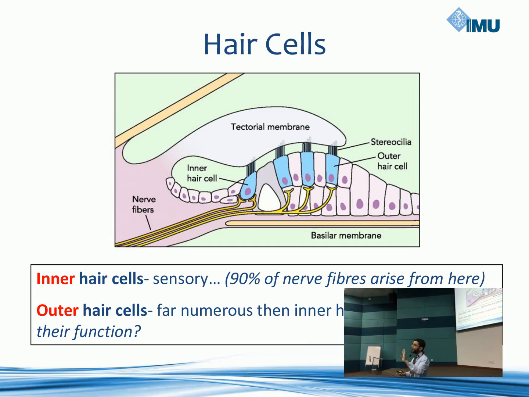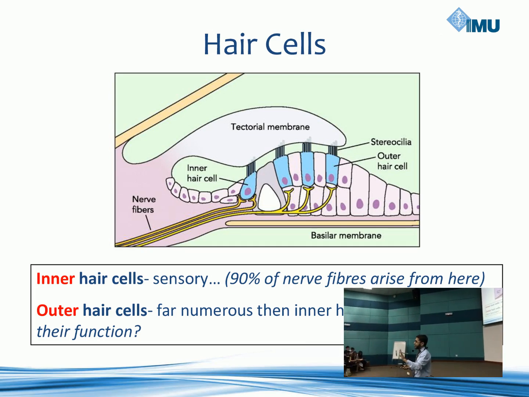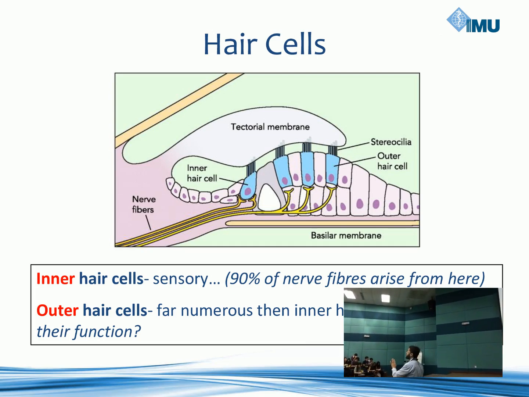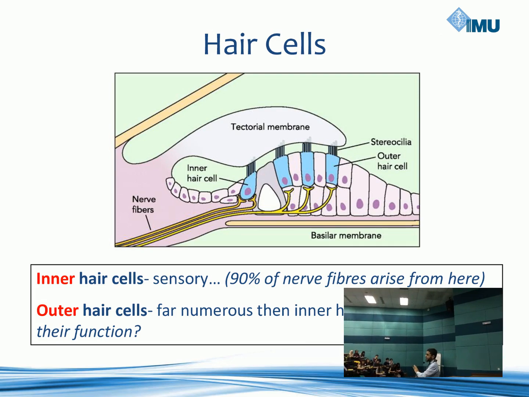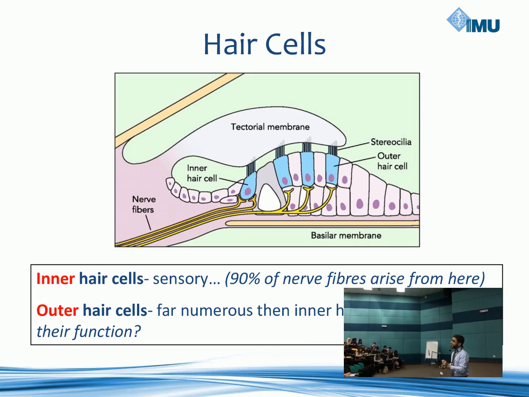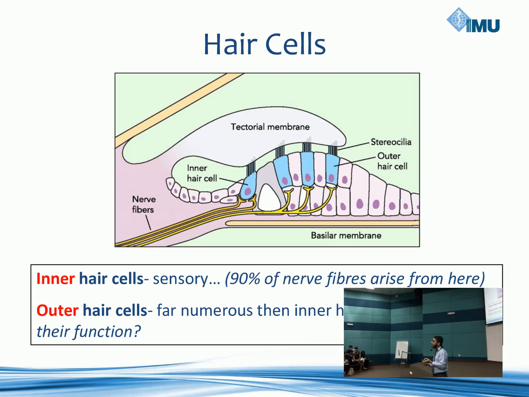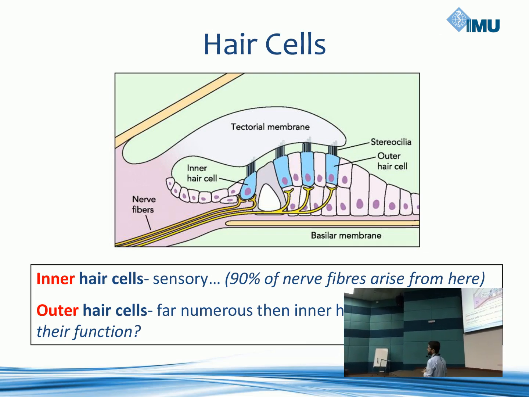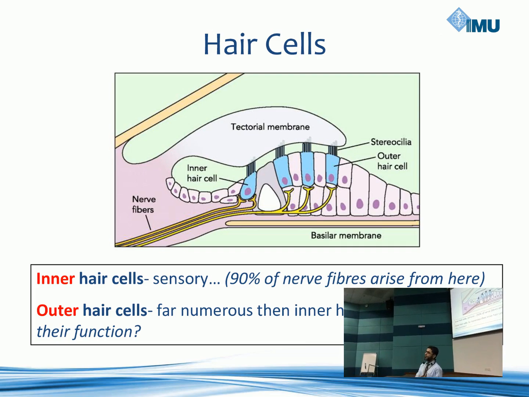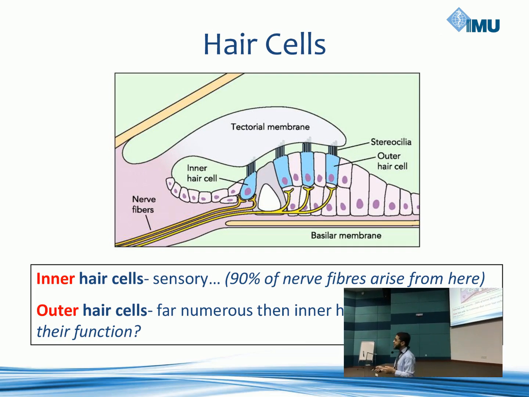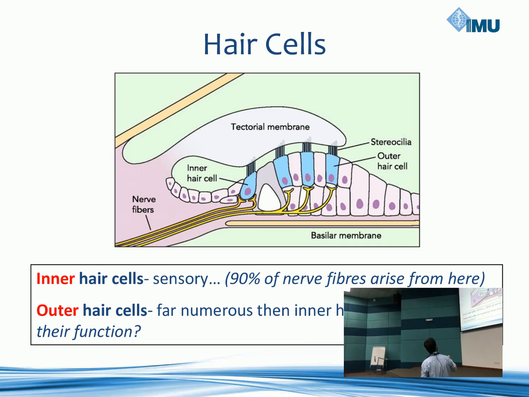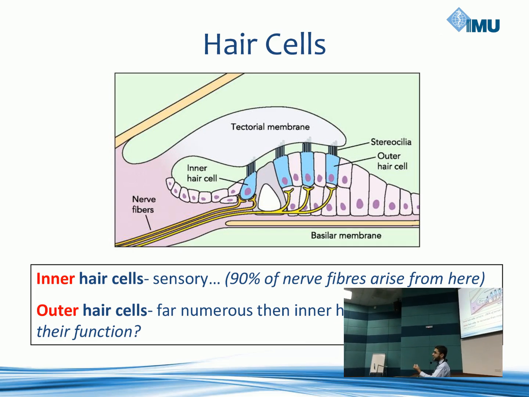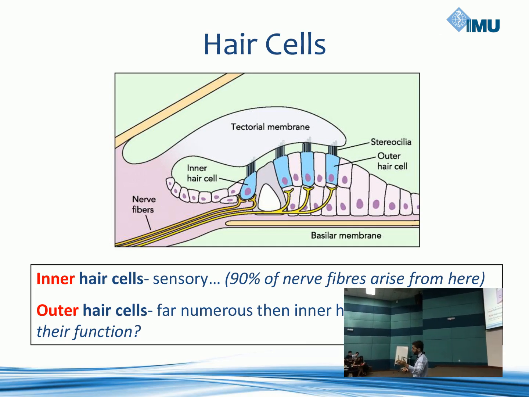So there are about 4,000 inner hair cells in each ear and about 12,000 outer hair cells. But actually, the sensory cells are the inner hair cells, which are far fewer than the outer hair cells. So these cells are basically picking up the sound signals and sending signals to the brain as action potentials.